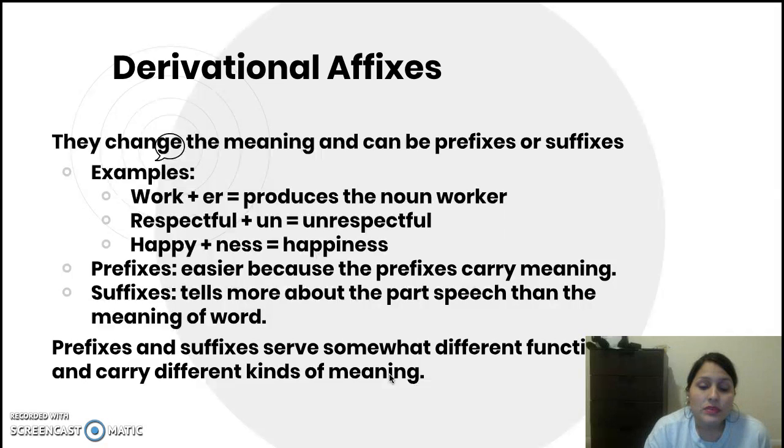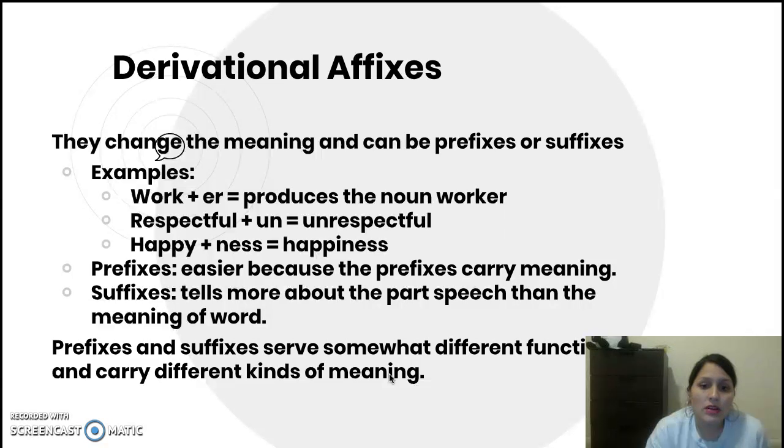So prefixes are a little bit easier because the prefixes carry meaning. When we add un, we know that un means not. So if we put it, for example, in front of respectful, unrespectful means not respectful. If we put it in front of happy, un plus happy would be unhappy, which is the opposite of happy, so not happy.